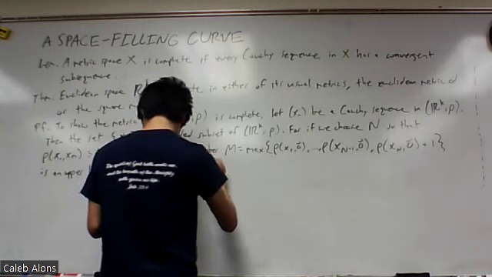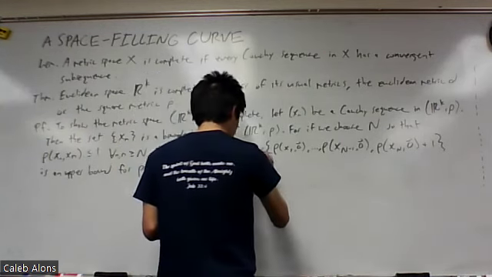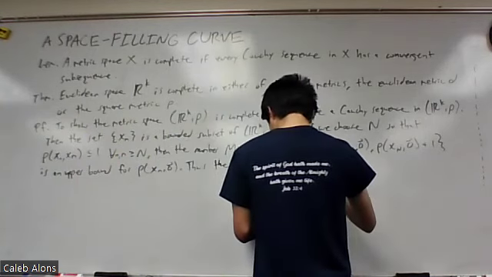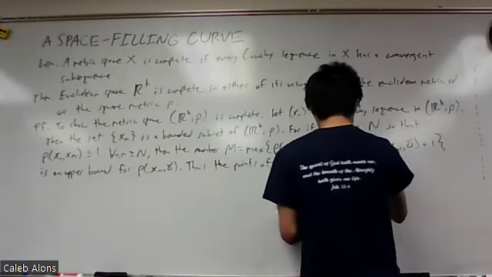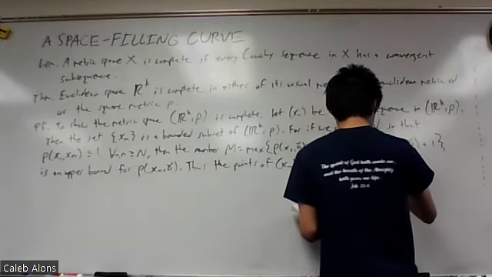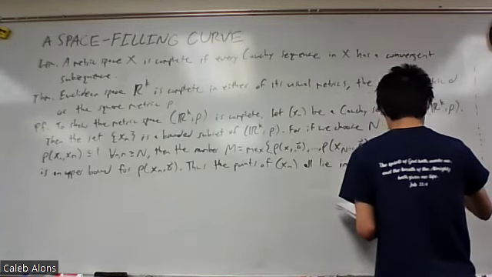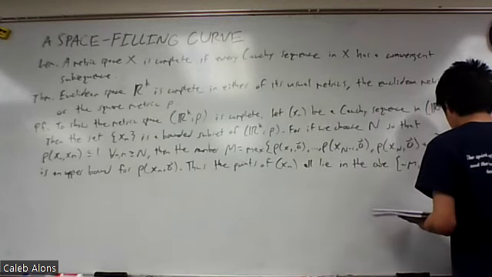So the points of the sequence all lie in the cube that we've trapped it inside, from minus M to M, product with itself however many times we need.